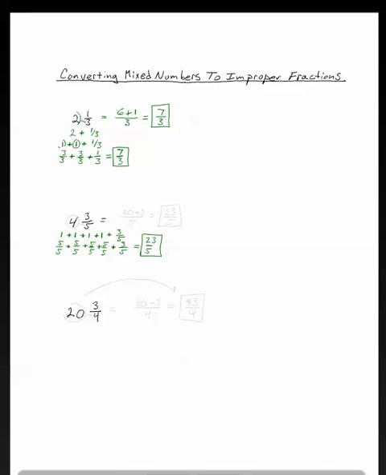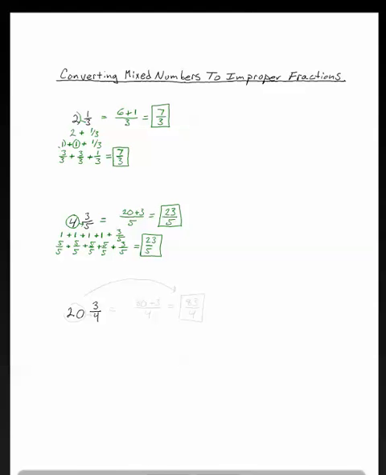If we do that for our second one, 4 3/5, we would say 4 times 5 is 20, plus our numerator of 3 over 5. And 20 plus 3 is 23, so we get 23/5, which is the exact same answer we got before.